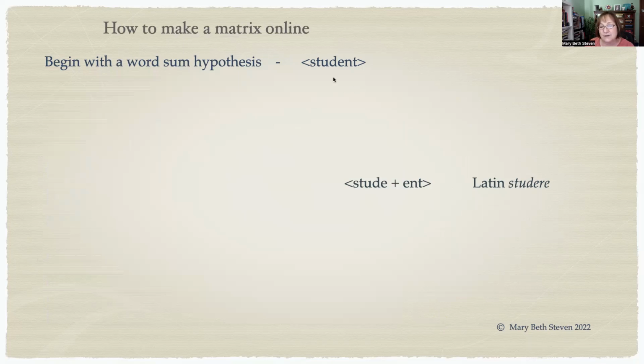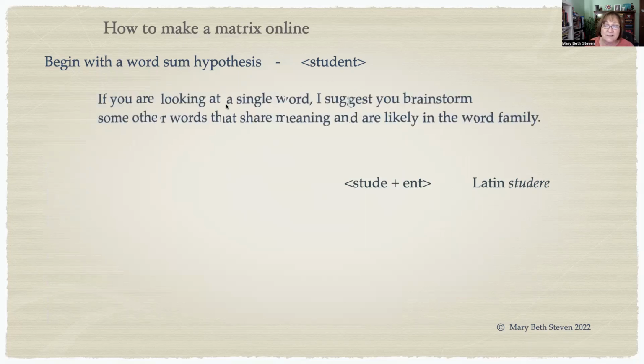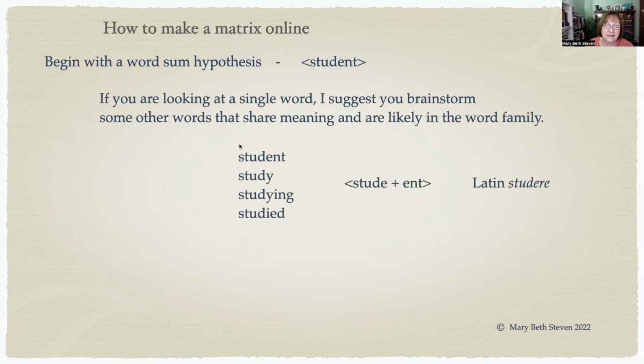If I look at this word in isolation, I might think, well, it's a free base. So what I like to do is think of a couple other words that might share some of the spelling and definitely share some idea of meaning. Student, study, studying, studied.